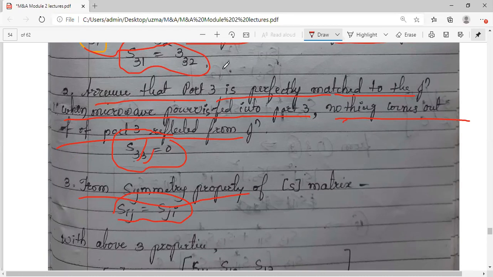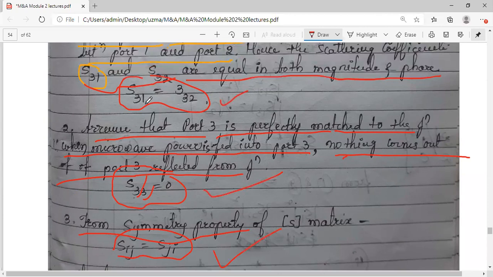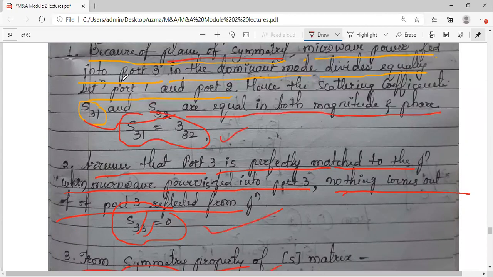So totally 3 properties we saw. First one is when we send power from port 3, it gets equally divided between port 1 and port 2. So S31 is equal to S32. Second, we assume that port 3 is perfectly matched.